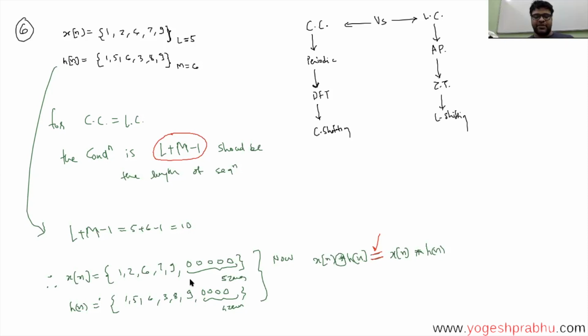You need 5 zeros for x of n and 4 zeros for h of n. Then even if you do circular convolution, you will end up with the linear convolution. That's all they're asking. So the answer is 5 for x of n and 4 for h of n for the zero padding.